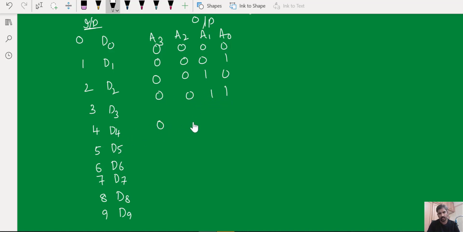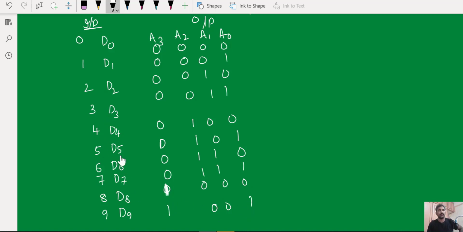For 4 it will be 0100, 5 will be 0101, then 0110, then 0111, then 1000, then 1001. So when you press D7, or decimal 7, it is going to produce 0111 as my output. I'm supposed to make one circuit for A3 and others for A2, A1 and A0.